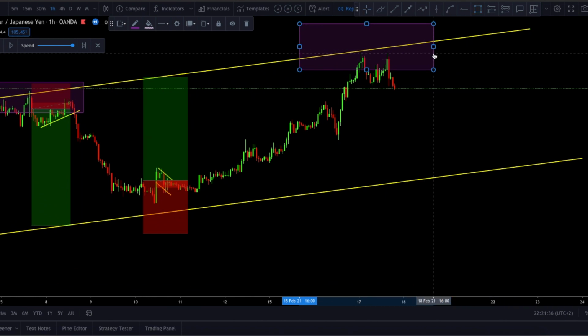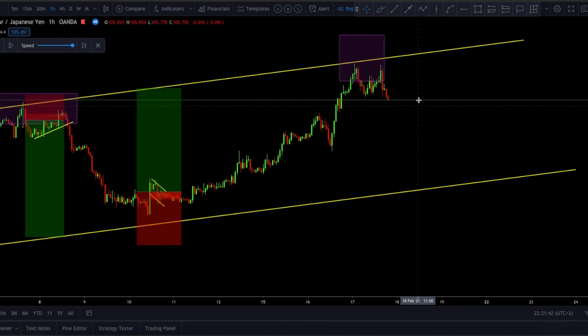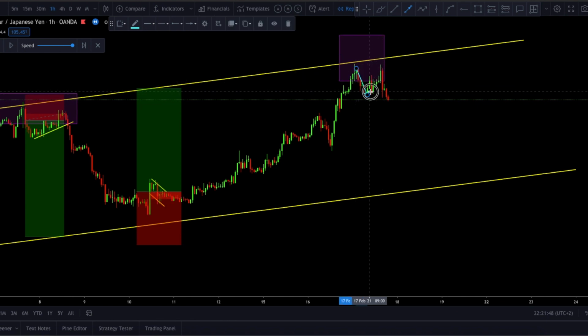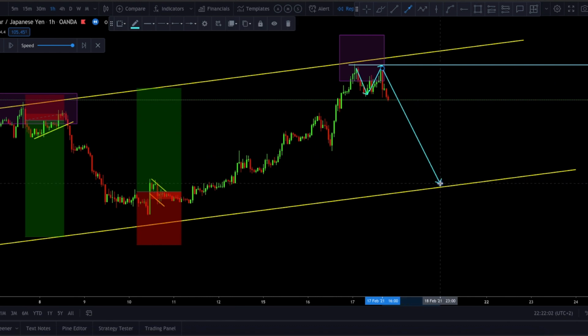You go to your 1 hour time frame, you wait for an impulsive move, correction, or a double bottom. You can see here it's not a double bottom, it's a double top. Comes back here, you sell all the way down.